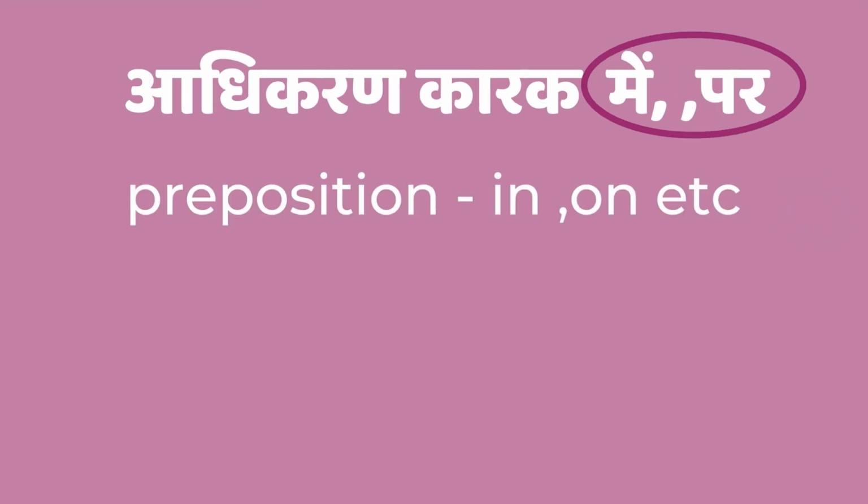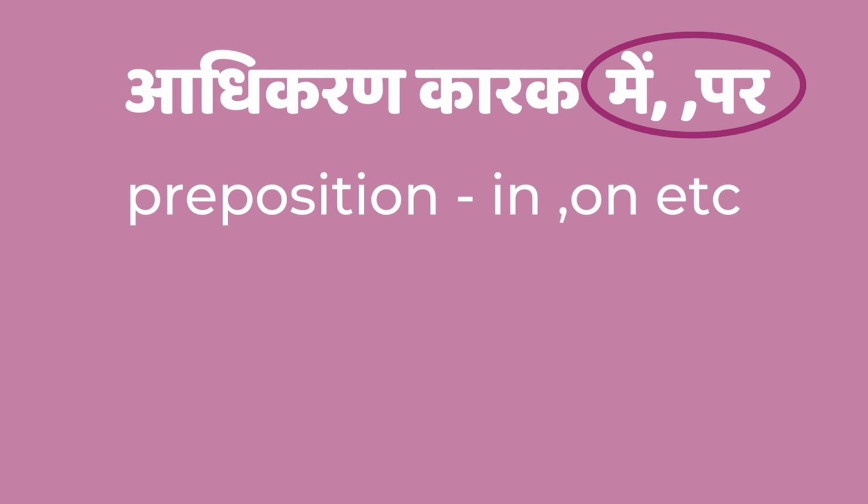Whenever you have 'in' in an English sentence, you use में, and whenever you have the preposition 'on', you use पर. The only difference is that you use in and on before the noun or pronoun in English, but in Hindi, you use में, पर after the noun or pronoun.